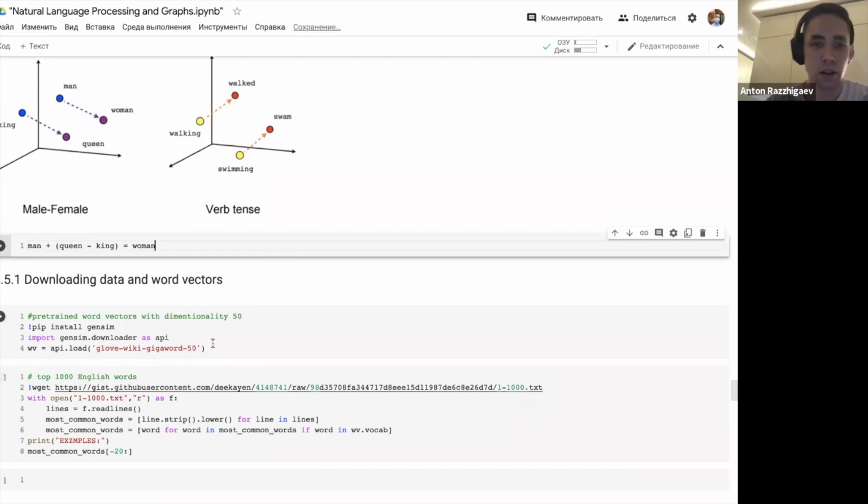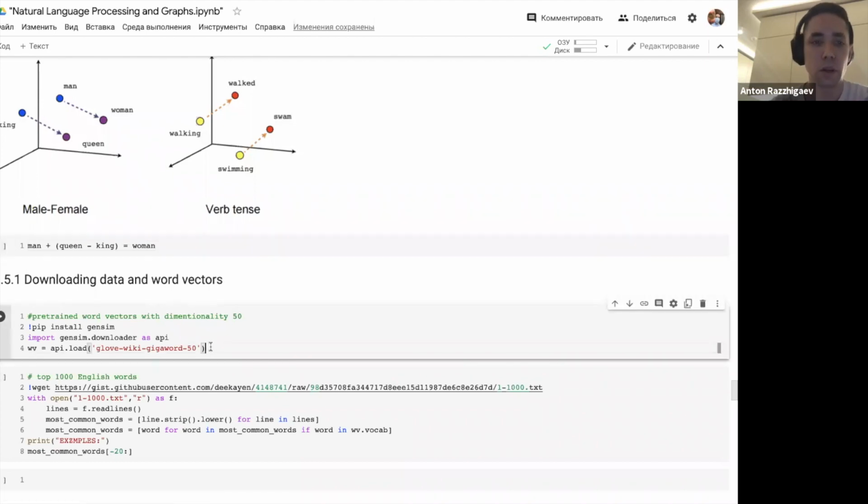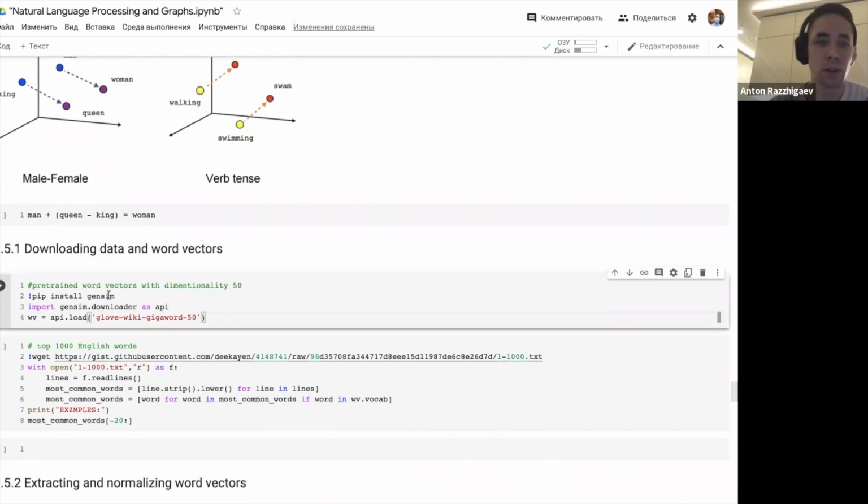There are many pre-trained vector spaces, many pre-trained models for obtaining vectors of these words. We can just download a lookup table of these words, of these vectors. The most popular and easy to use library for word vectors is GenSim.